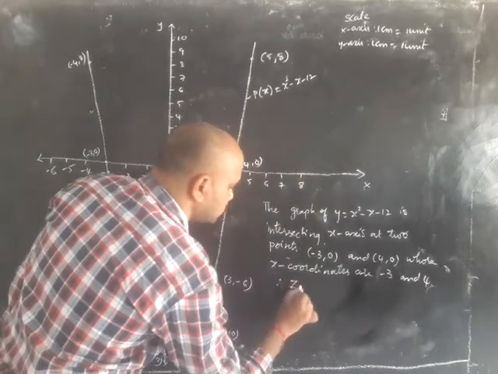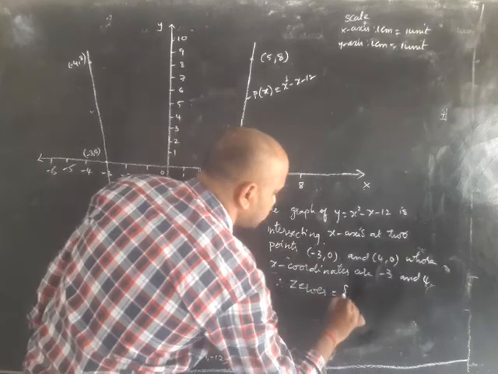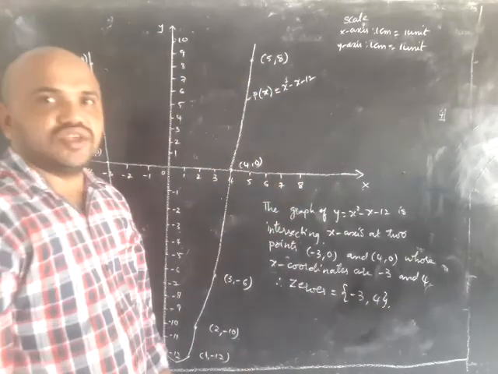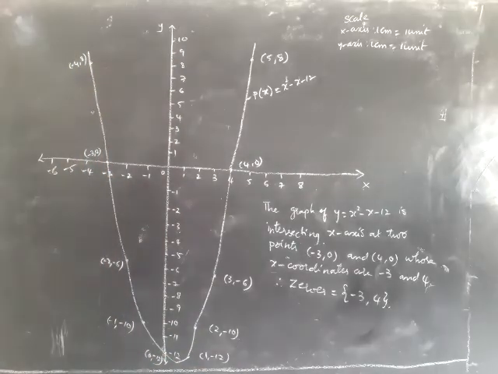Therefore the zeros are minus 3 and 4. So is there any doubt in this question? Just see here.